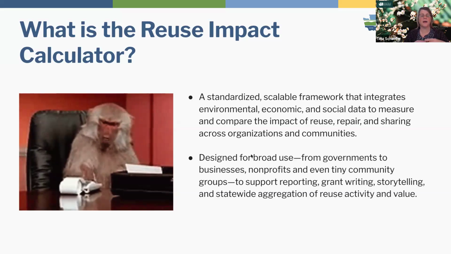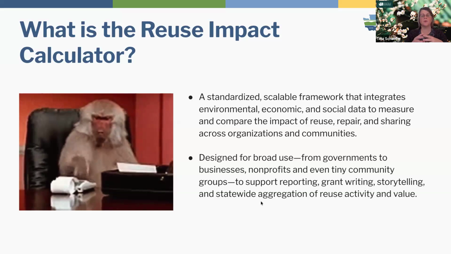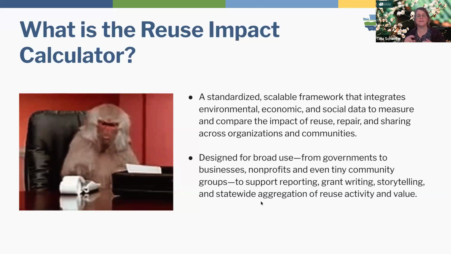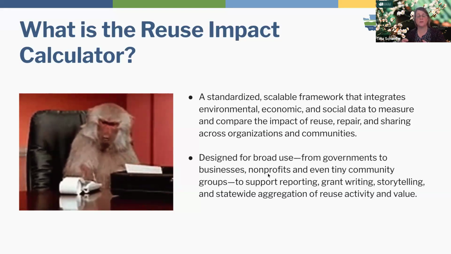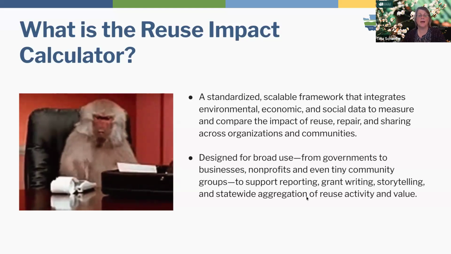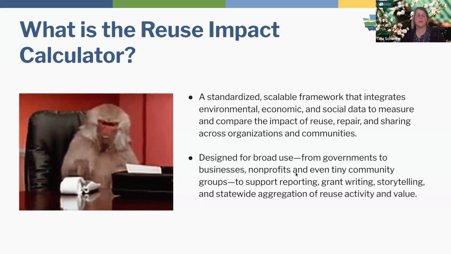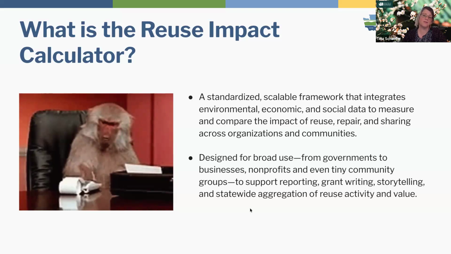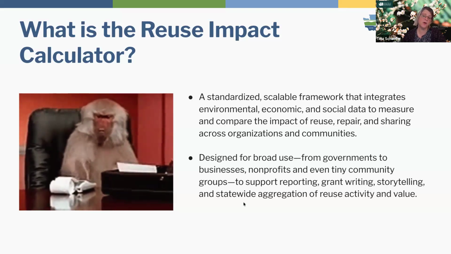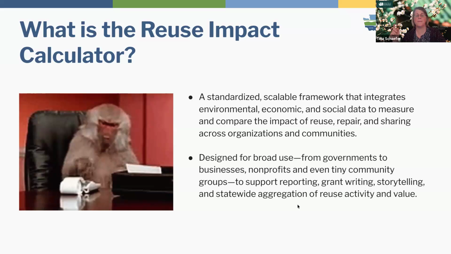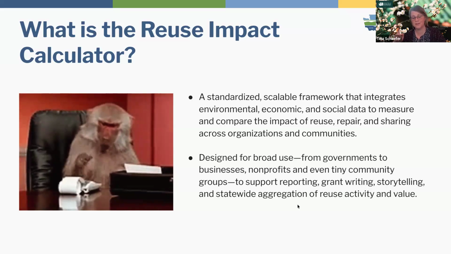And by entering the amount and category of an item, the RIC can then calculate and quantify the greenhouse gas emissions saved through reusing that item. The environmental benefits from reuse and repair include the downstream effects of avoiding an item's disposal, as well as those upstream effects of avoiding manufacturing new materials.